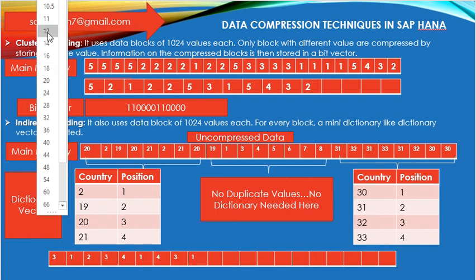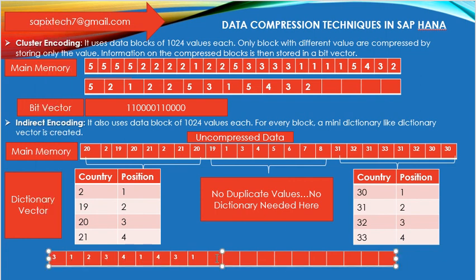Let me lower the character size. And for this block we have no compression, no duplicate data. So what will happen? It will store the same records: 19, no compression, 1, 3, 4, 5, 6, 7.